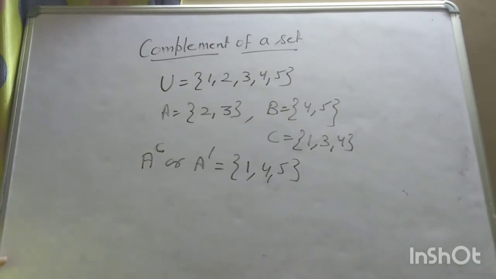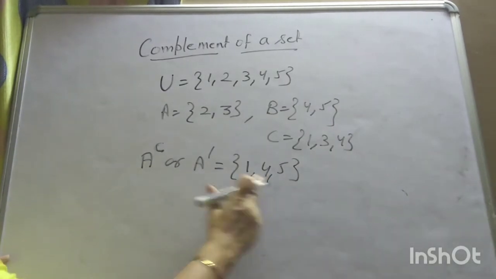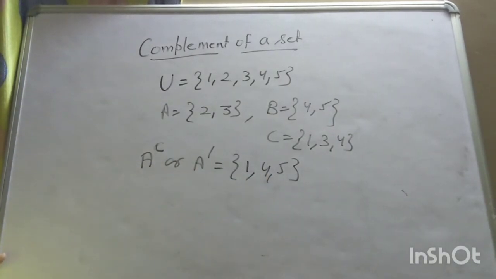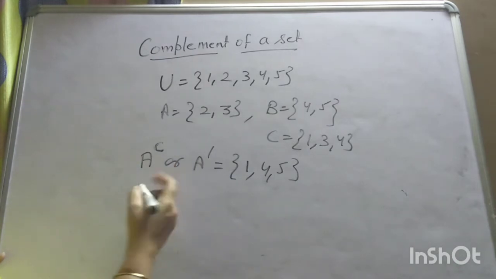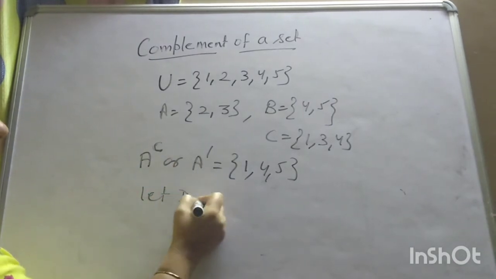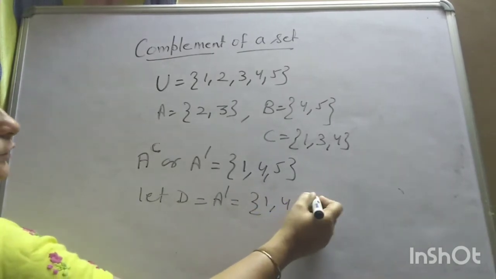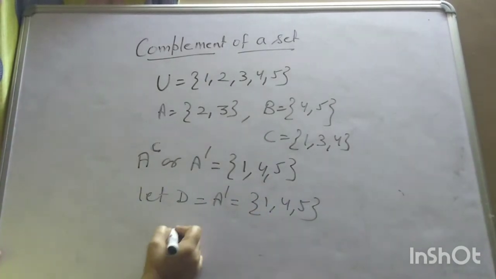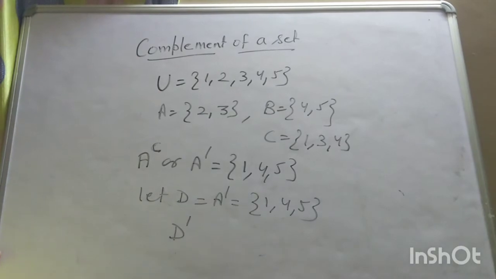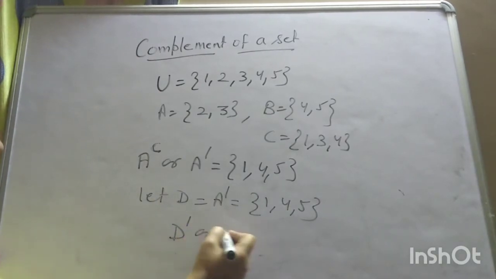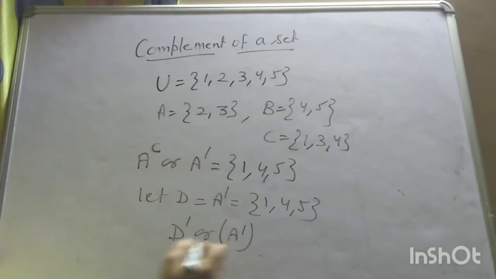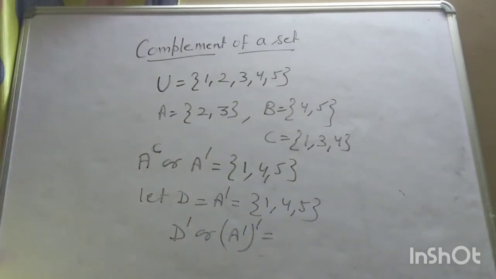Now here we have A complement is 1, 4, 5. Now let D be equal to A dash, that is 1, 4, 5. Now what about D dash, or we can say complement of D, or we can say A complement whole complement.